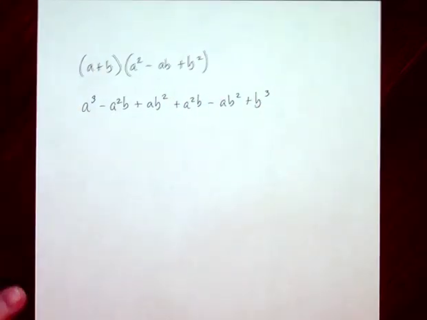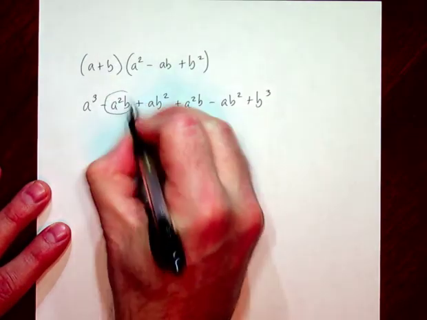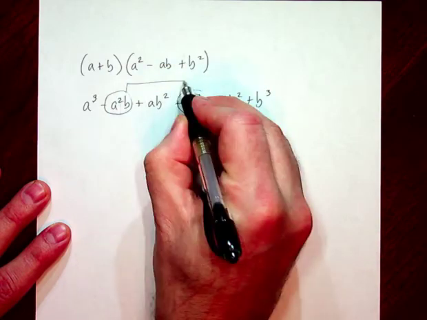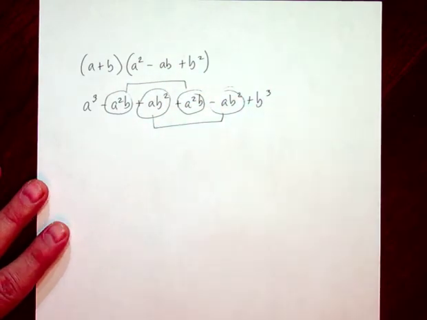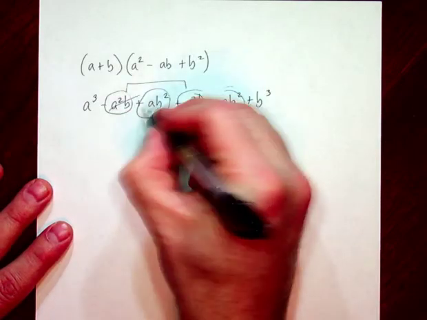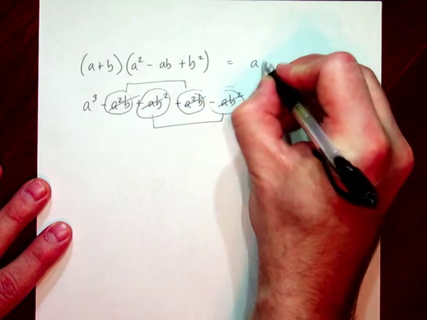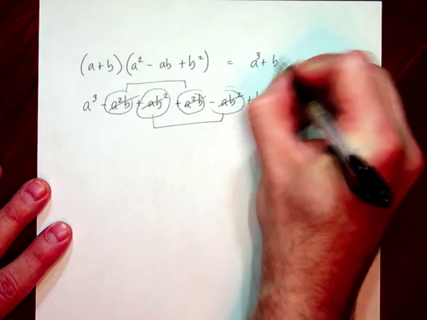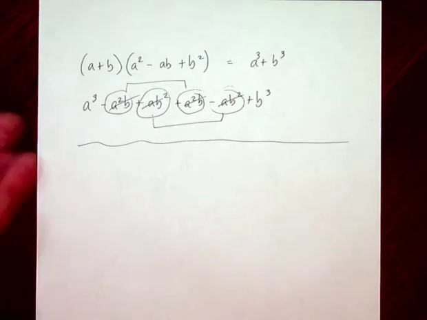And just like the difference of two squares, they recognized that they had terms that were opposite signs, meaning additive inverses of each other, that were, of course, canceling out, and they were simply left with a cubed plus b cubed. And it was the same with the difference of two cubes as well.